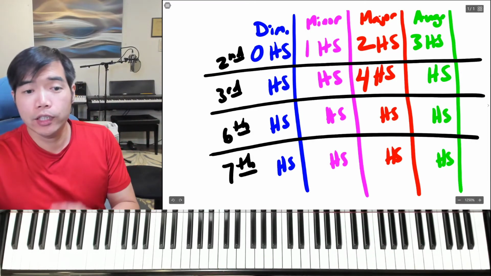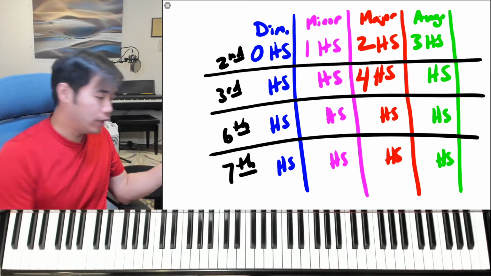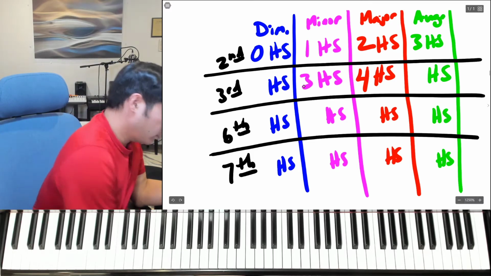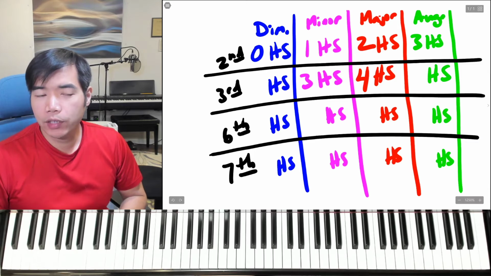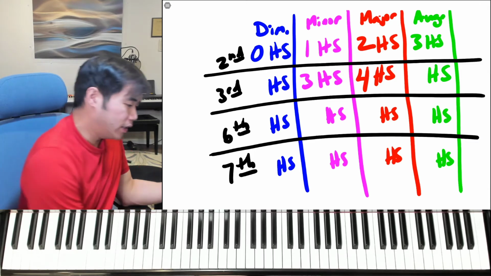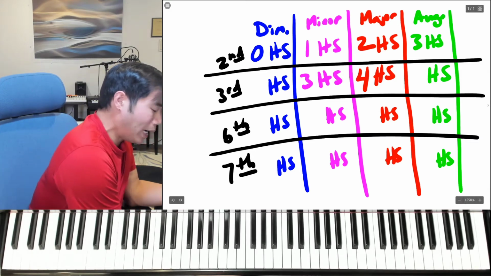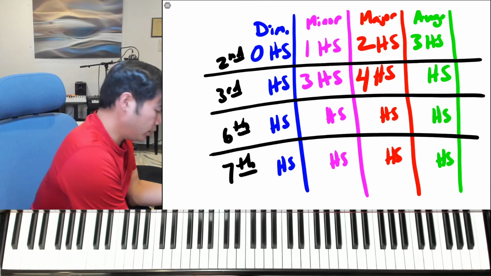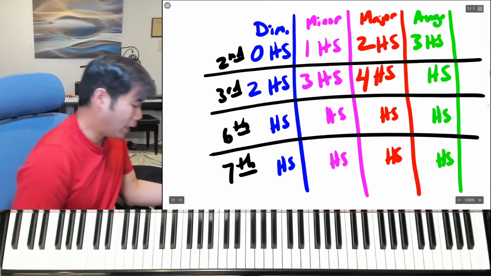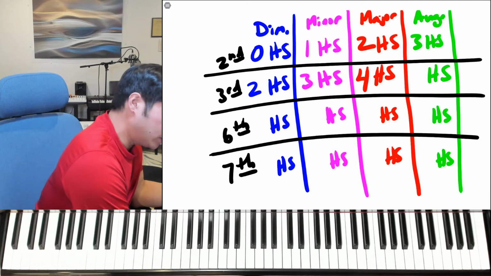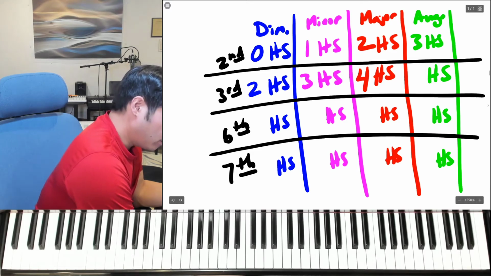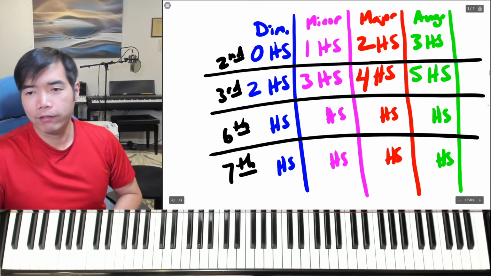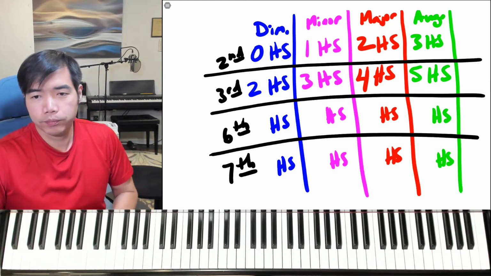A minor third is 1 half step smaller than a major third, so it would be 3 half steps apart. A diminished third is 2 half steps smaller than the major third, so it's 2 half steps. And augmented, we're going to increase the distance by a half step, making it 5 half steps total.